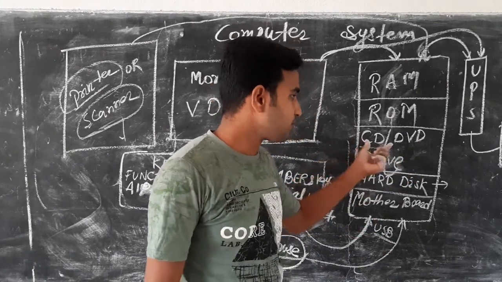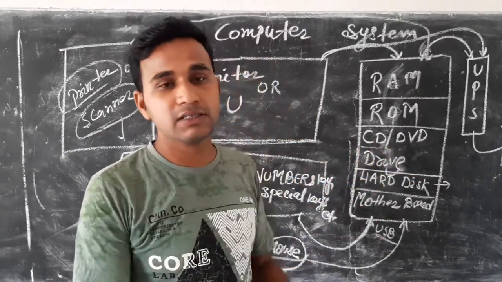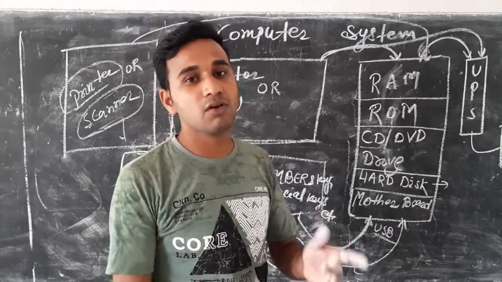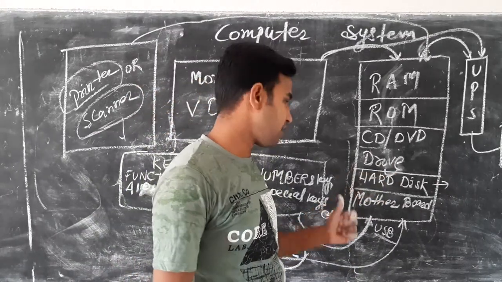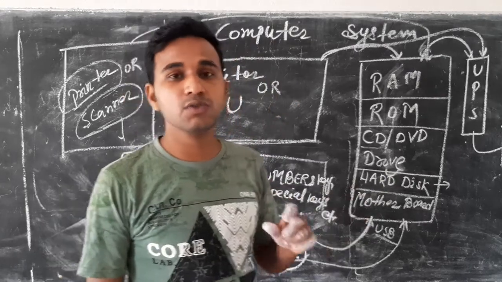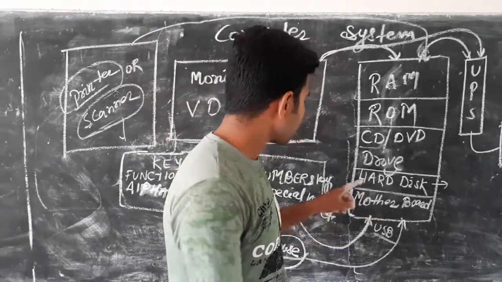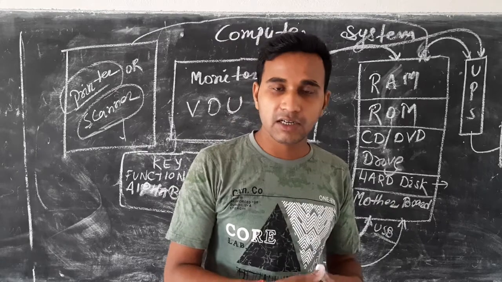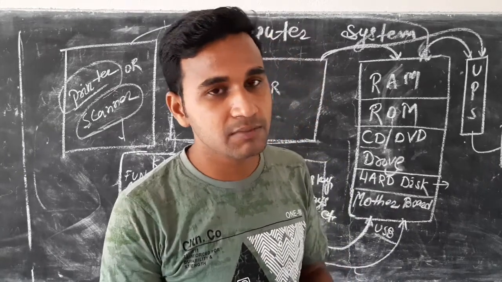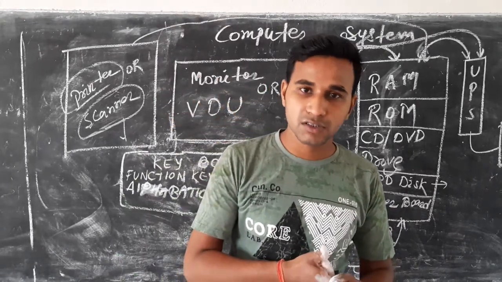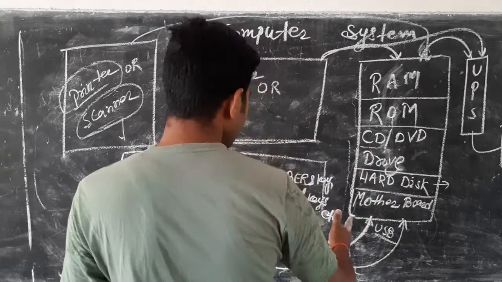The CD and DVD drive reads the CD and DVD, so it's called the CD and DVD drive. Hard disk is used to store data. Motherboard is the electronic device in our computer system that controls the CPU. Next thing is keyboard.